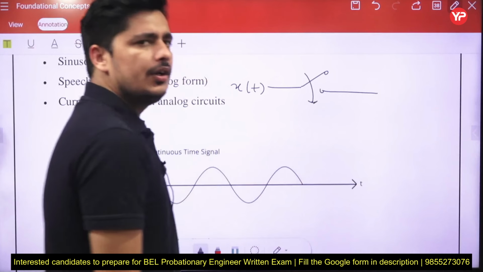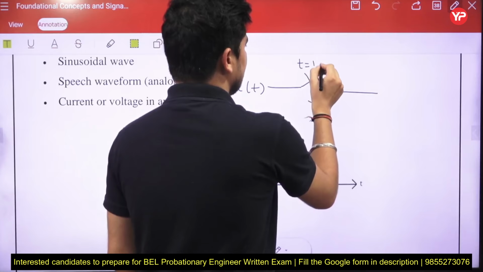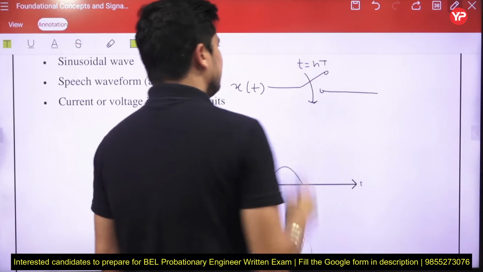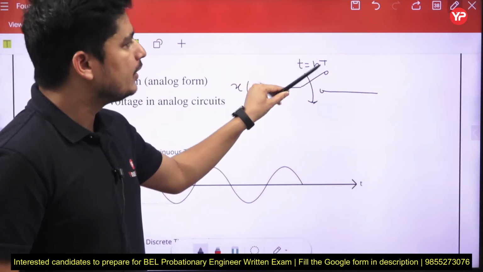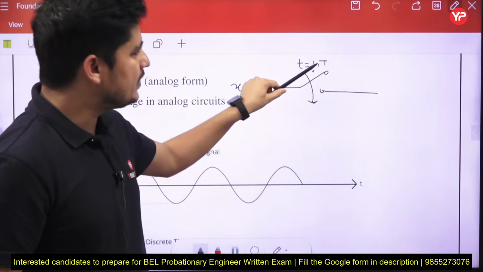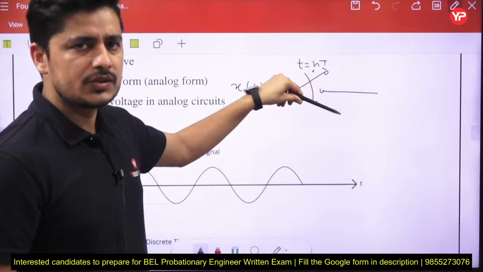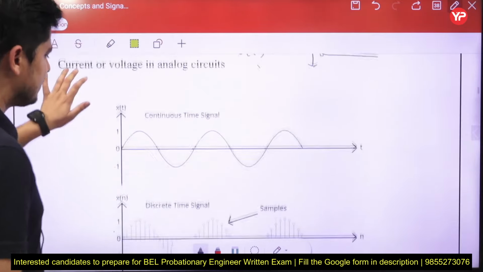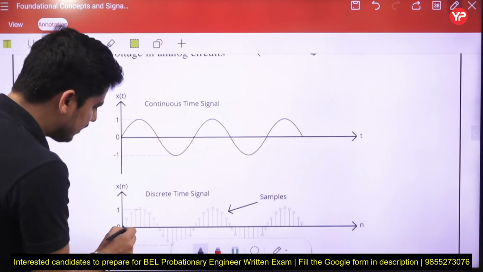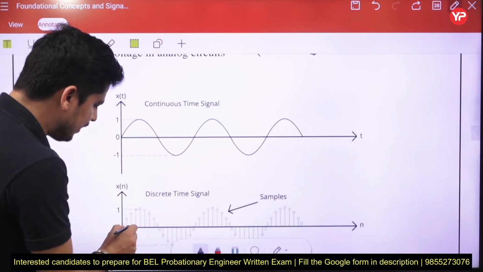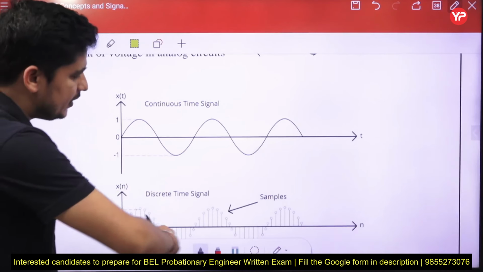This switch will close at particular instants of time, let us take t equals nT. The switch is open the rest of the time and closes only for integer values of n. For n equals 0 it closes, then for n equals 1 it is closed again at time T. So for a sinusoidal signal like this, it passes the value at t equals 0, then at T, 2T, 3T, only at discrete intervals of time.